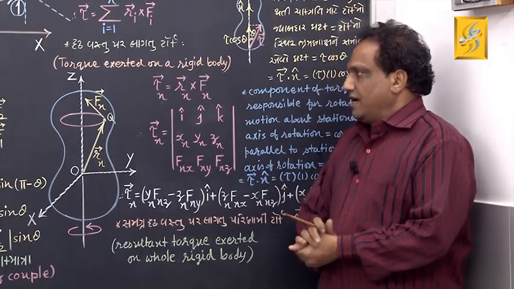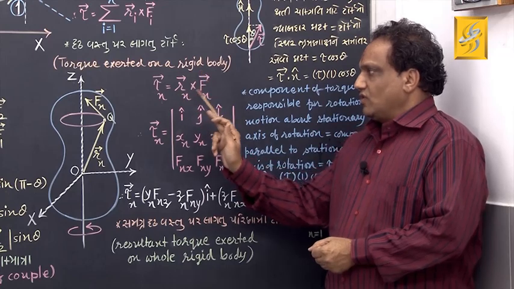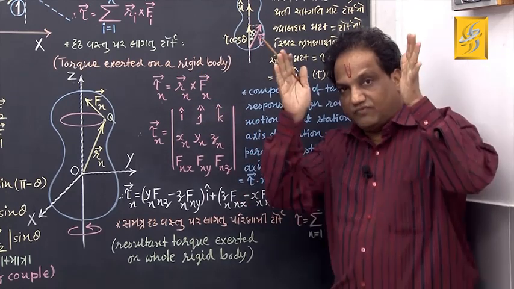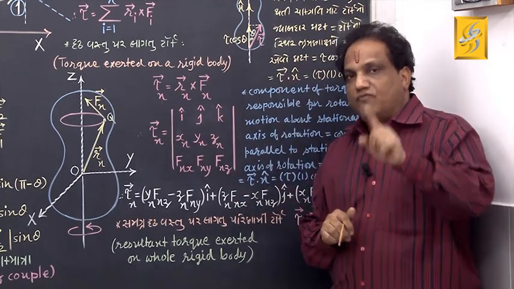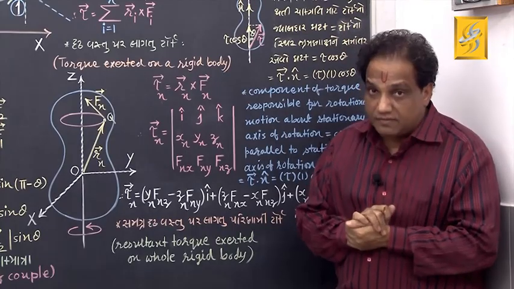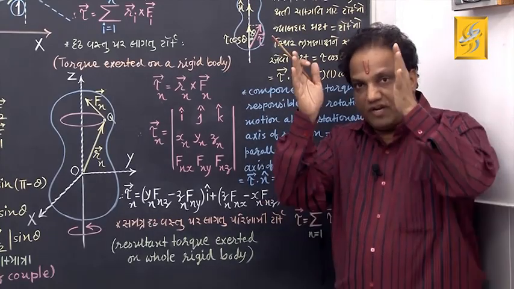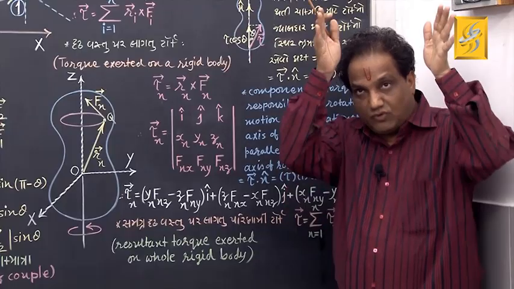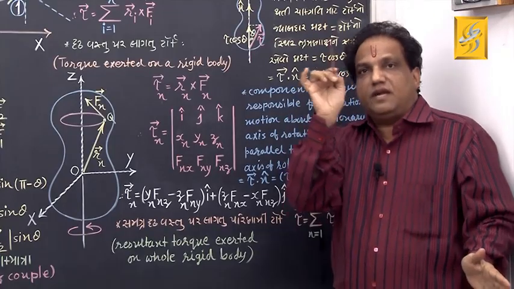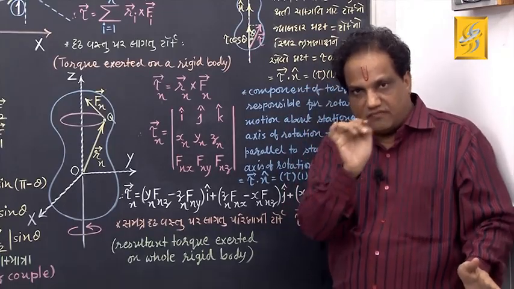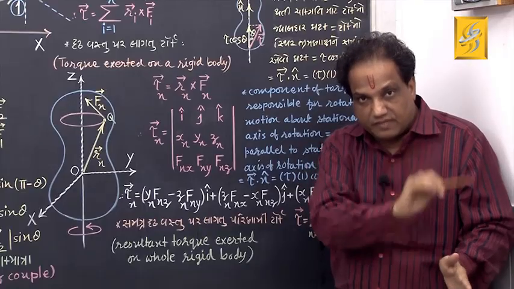Now, what is the formula for vector A cross vector B in terms of a 3 by 3 determinant, which you studied in semester 1? Remember, vector A cross vector B was equal to the 3 by 3 determinant with i hat, j hat, k hat, Ax, Ay, Az, Bx, By, Bz.